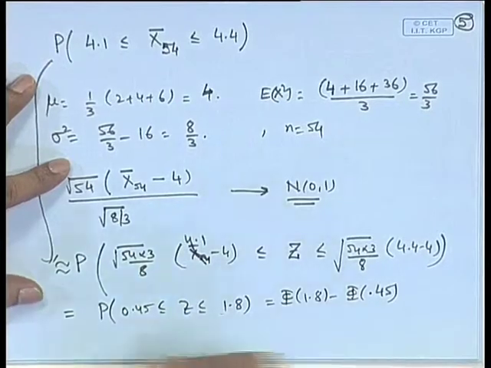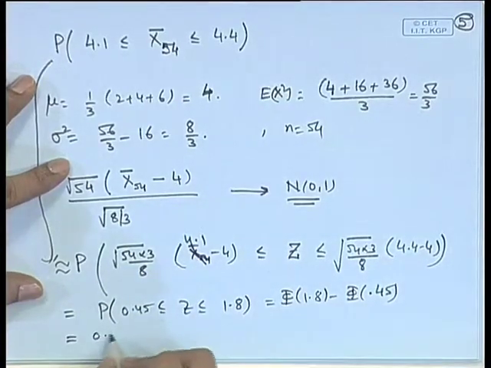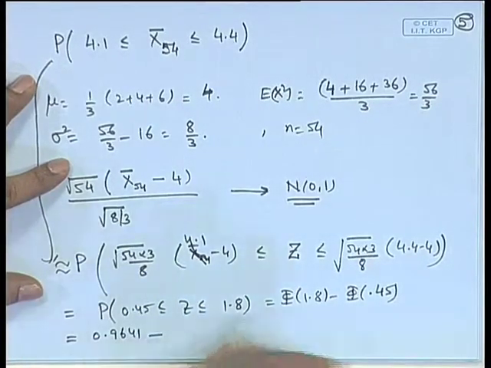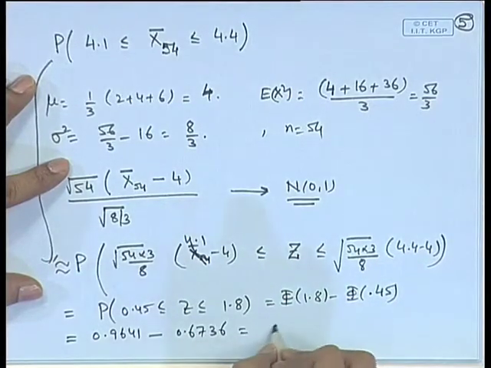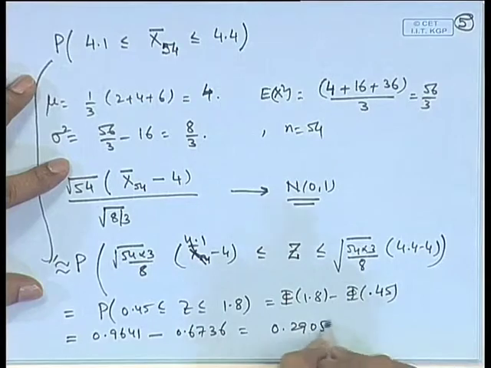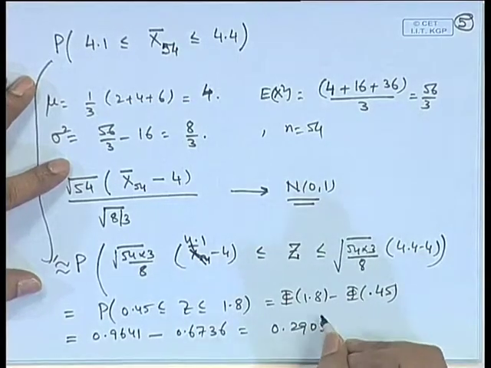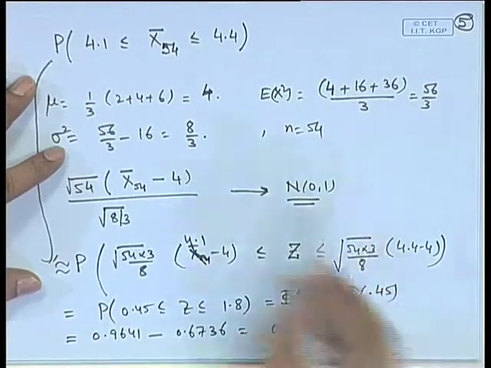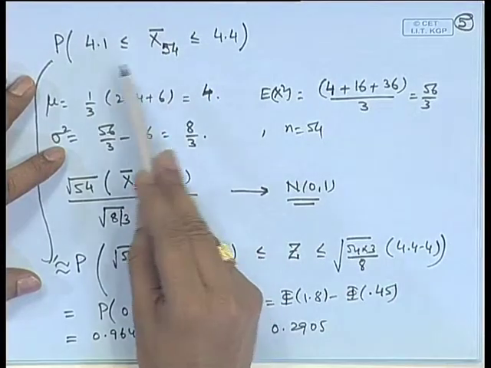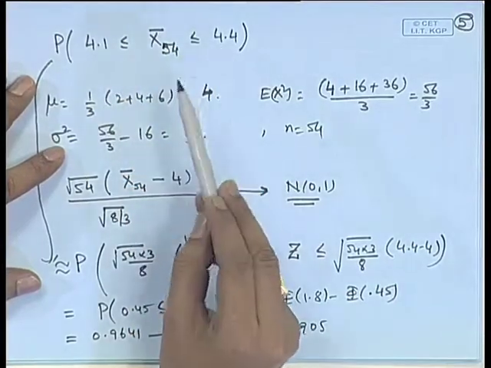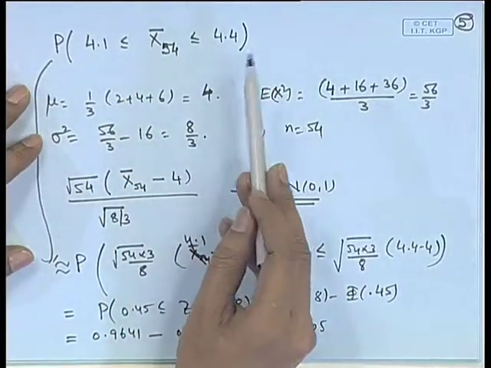So, from the tables of the normal distribution, these values are 0.9641 minus 0.6736, that is equal to 0.2905. That is approximately 30% of the time the sample mean will lie between 4.1 to 4.4.